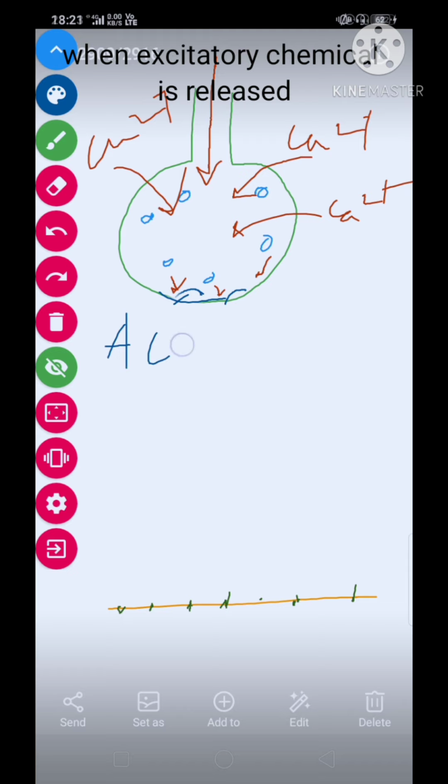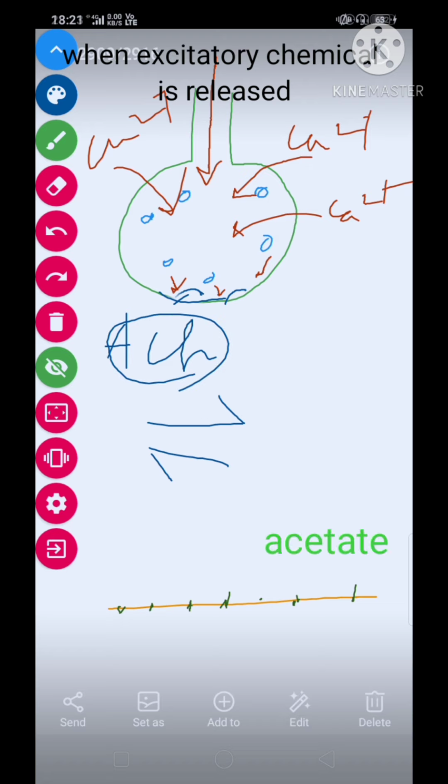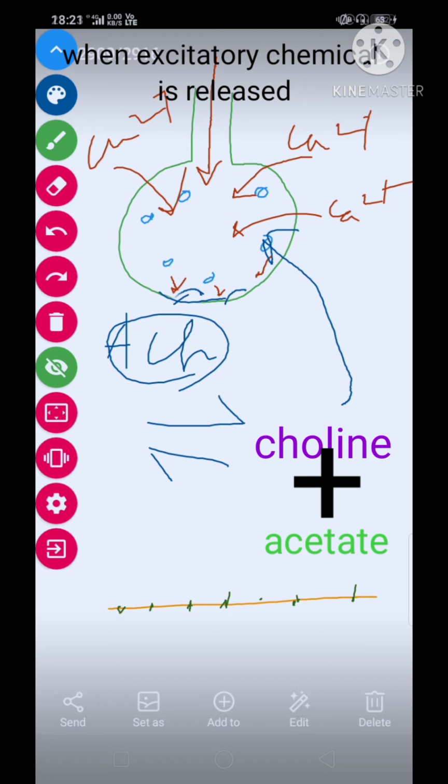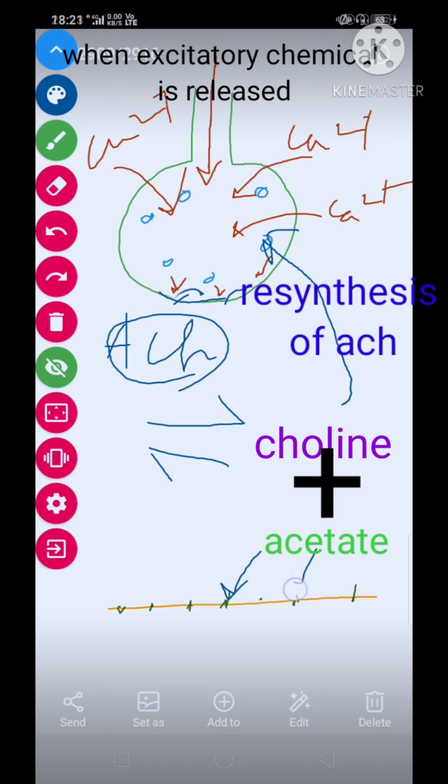When acetylcholine is released, it is acted upon by an enzyme, acetylcholinesterase, which breaks this acetylcholine into acetate and choline. The choline will re-enter the synaptic membrane and is used for the resynthesis of acetylcholine, whereas the acetate will bind to these receptors on the postsynaptic membrane.